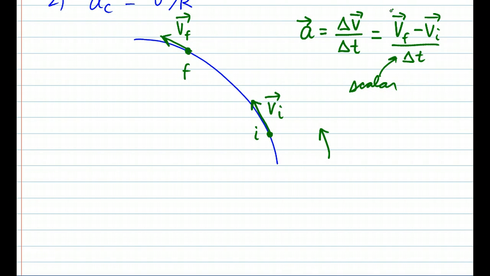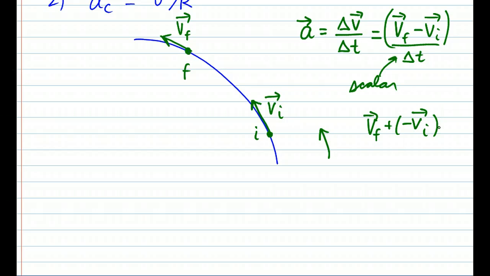So the direction of v final minus v initial gives us the same direction as a, the acceleration. Keep in mind that when adding and subtracting vectors, v final minus v initial is the same thing as v final plus negative v initial.